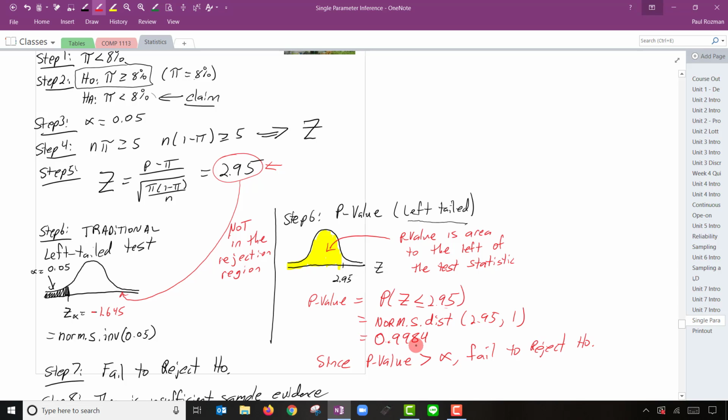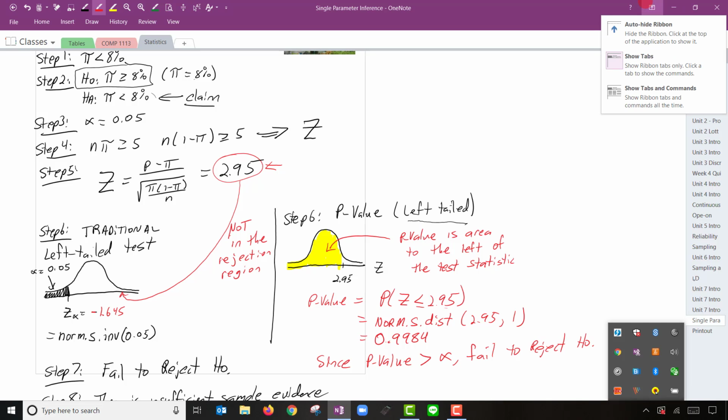And by big, I mean it's nowhere near the typical choices of 5% or 1%, or maybe even 10%. So it allows the reader to basically choose their significance level, and then they know there's nothing fishy going on.